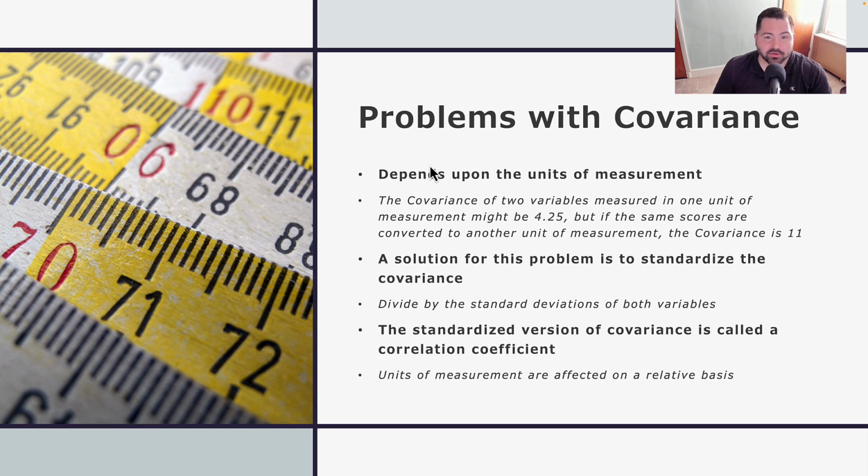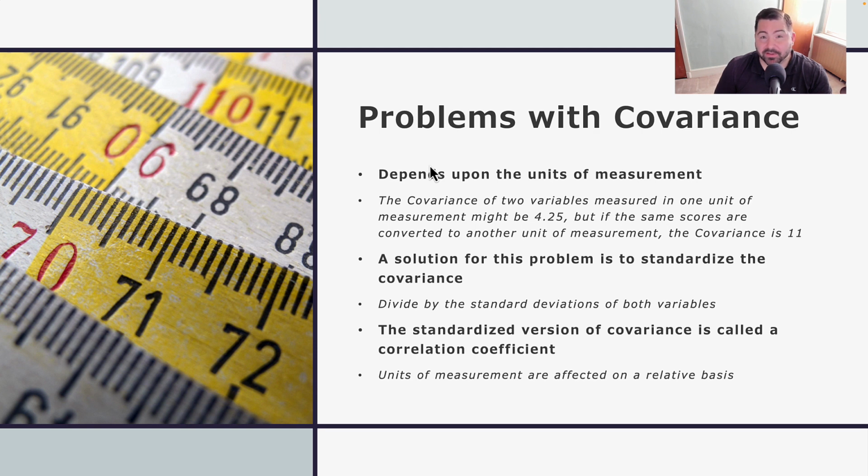But there are some general problems with covariance that we need to be made aware of, and that is that we are really dependent upon the units of measurement that we are collecting. To give you an example of this, let's say that we have two variables and they are measured in one unit, the covariance might be 4.25, but if the same scores are converted to another unit, the covariance could be 11.